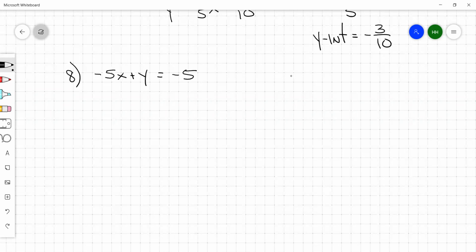Probably the easiest way to solve this problem, to graph this problem, is just write the equation again. In the equation on the left, just eliminate the x, and in the equation on the right, eliminate the y.